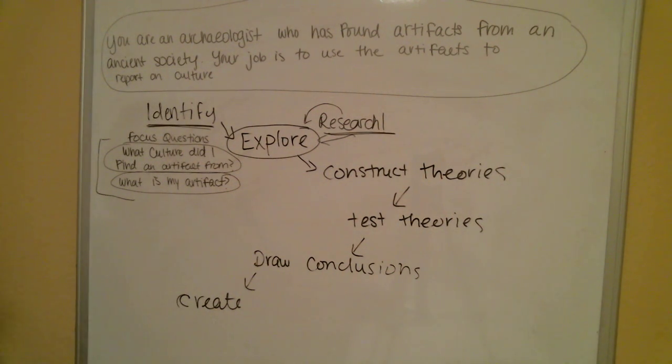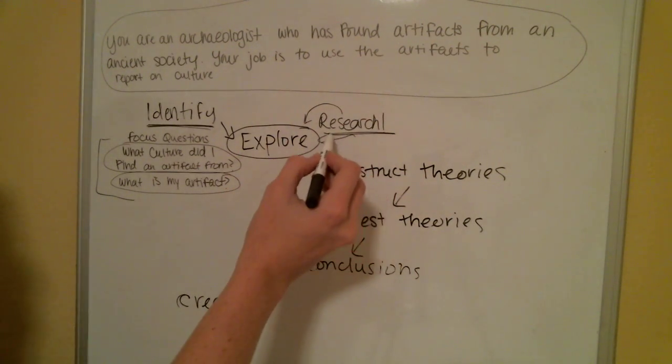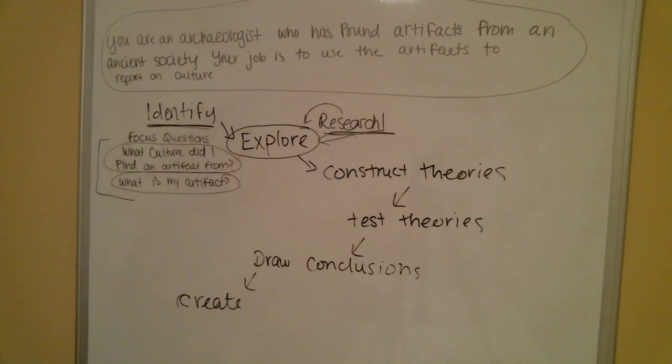In my case, if I wanted to do this, I would probably pick ancient Egypt because it's really interesting to me. For you, you can pick any culture you want. You could even pretend that you're a future archaeologist finding something from today. So in my case, I'm picking ancient Egypt, so I would start to research ancient Egypt.